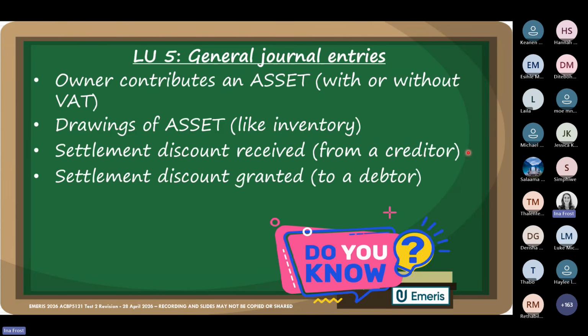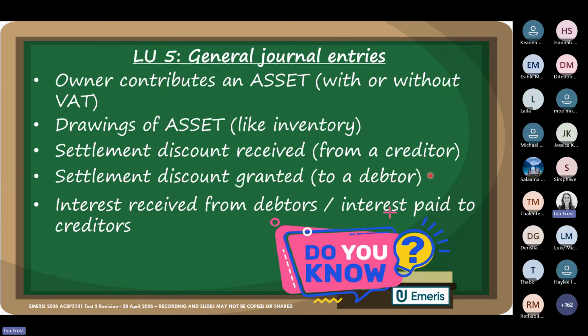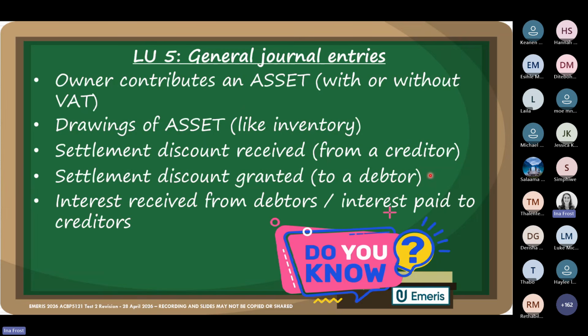Then we can also provide a settlement discount to our debtors when they settle their account. There can be interest either charged to the account of a debtor or charged by one of our creditors. There can be credit losses, so that's when we write off a debtor's account, and then the correction of errors.